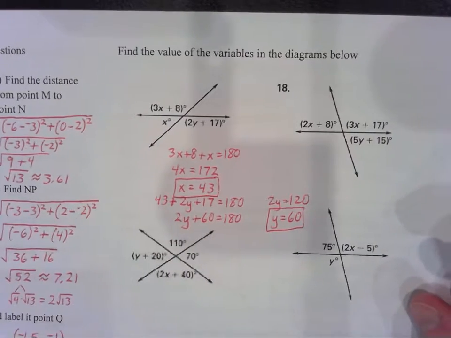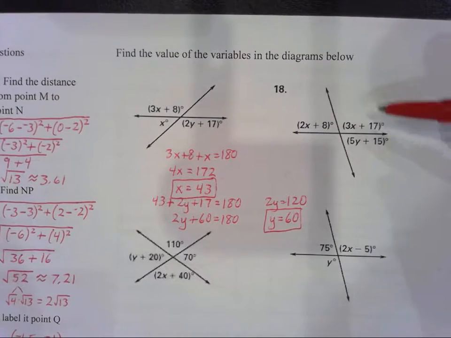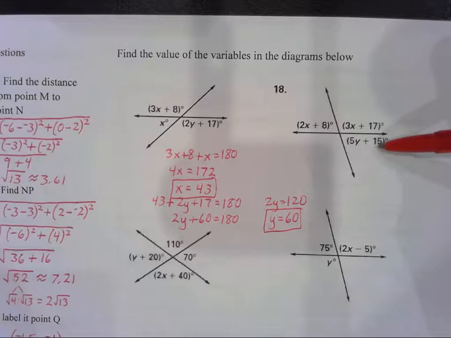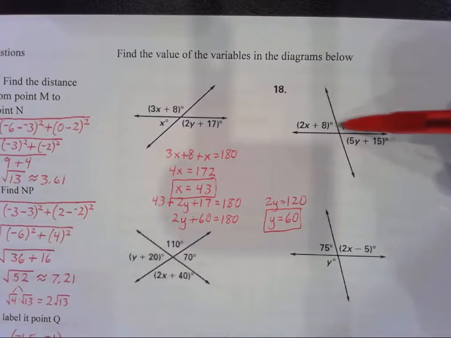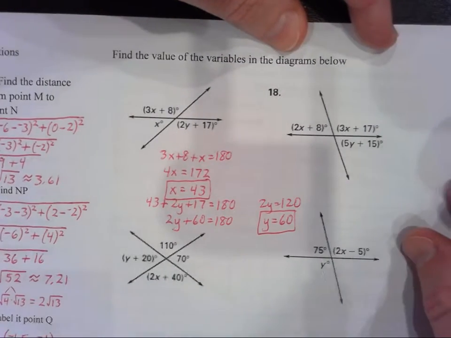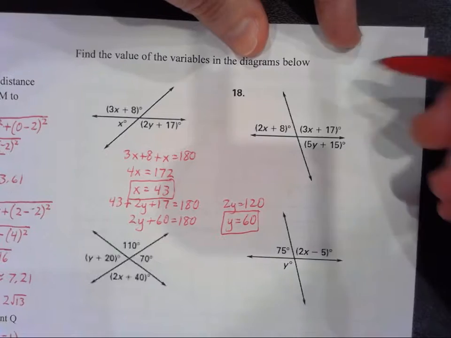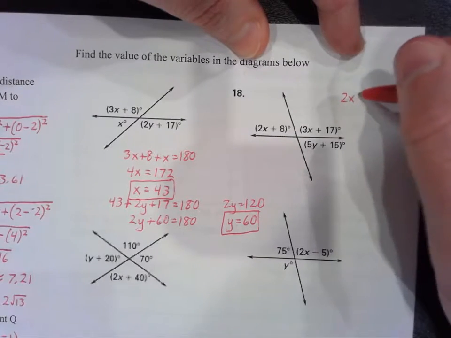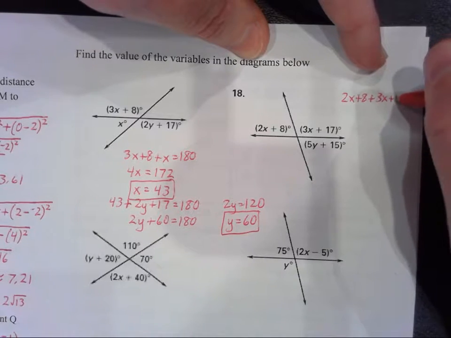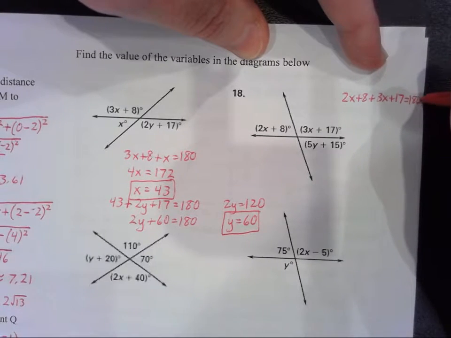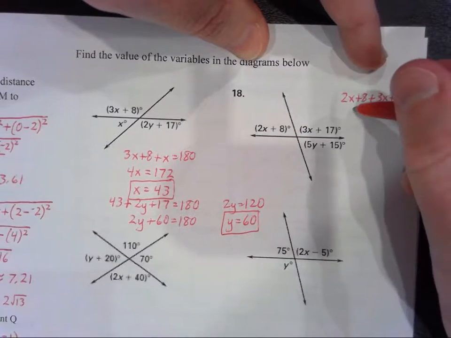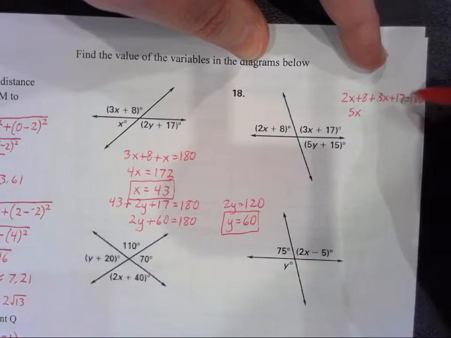Okay, go to the problem next to it. See, the top two expressions have x, this bottom right has a y, so I've got to combine the x's together first. So that means the 2x plus 8 plus the 3x plus 17 needs to equal 180. 2x plus 3x is 5x. 8 plus 17 is 25.